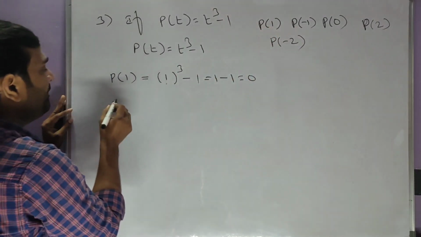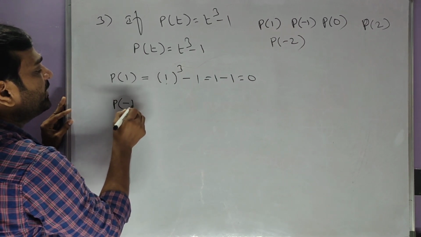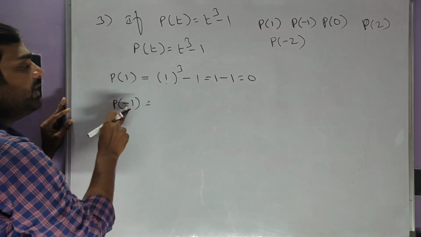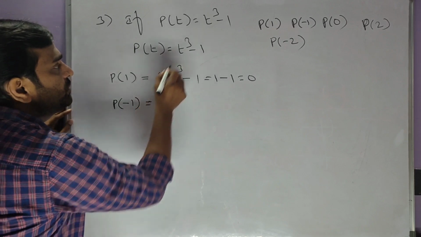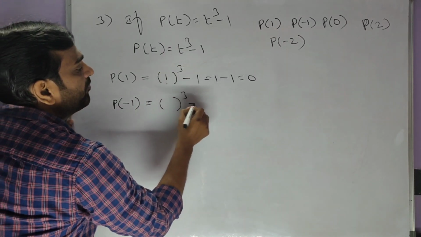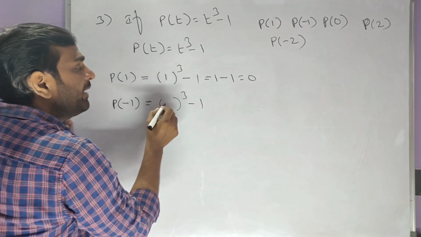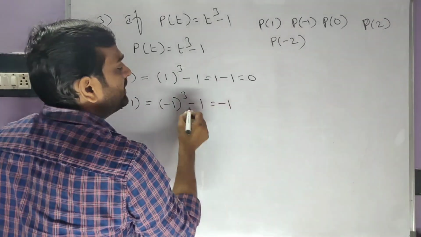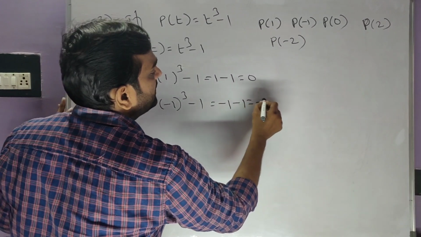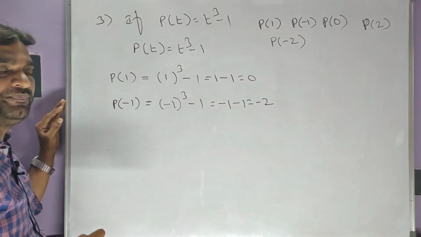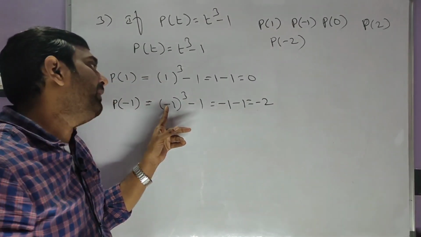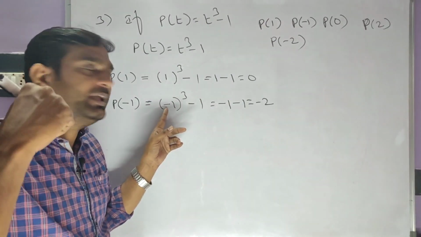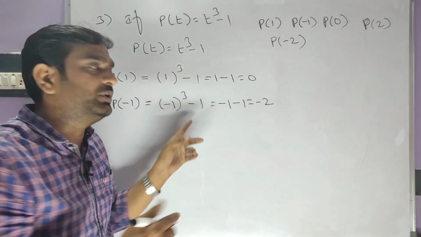After that, p of minus 1. The t value here is minus 1, so t cube minus 1 is minus 1 whole cube minus 1. Minus 1 cube is minus 1, minus 1, that is minus 2. If you multiply minus an odd number of times, you will get minus only.